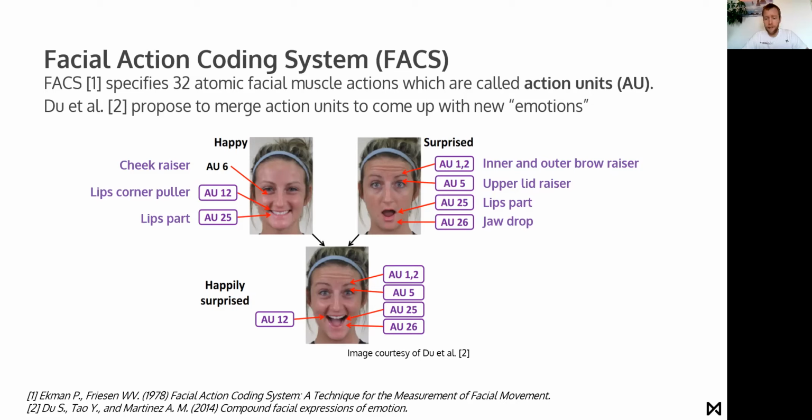However, as they also mention in the paper, they can only show that a human can actually distinguish between these newfound compound emotions, but they are not able to train a system that can differentiate between them. They also mention that it's really difficult to get enough training data.